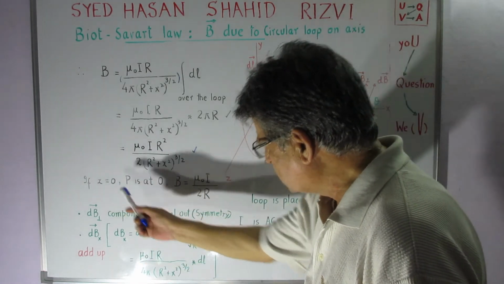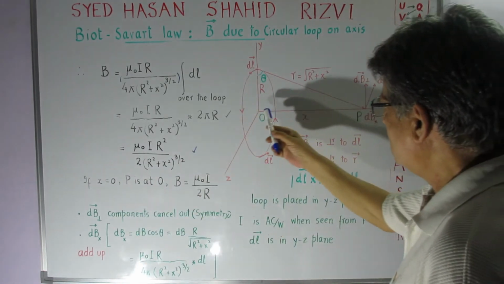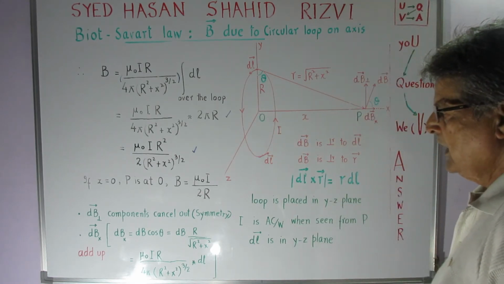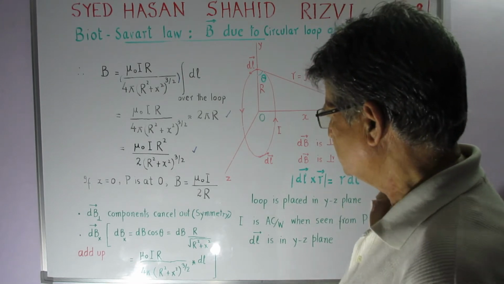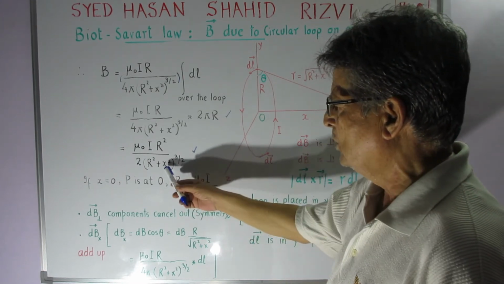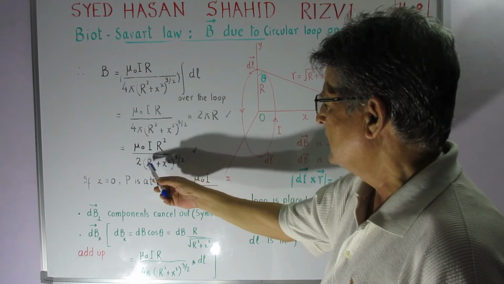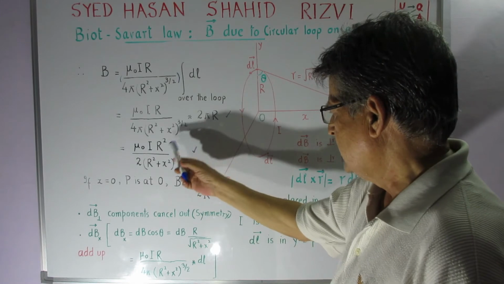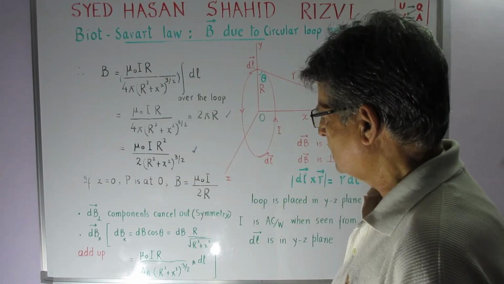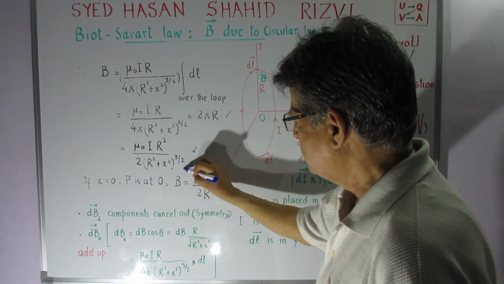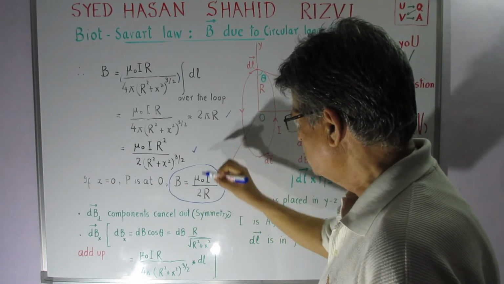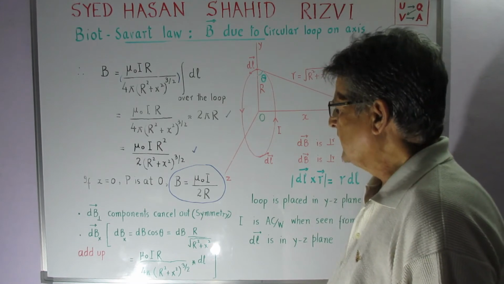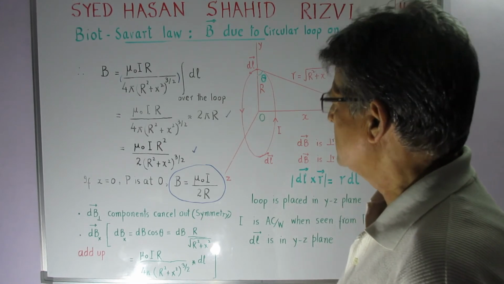If x is equal to 0, P shifts over here to the point O, at the center of the loop. And then at the center of the loop, if I substitute the value of x equal to 0, then here I get r cubed. So I get mu naught I, and r square will cancel with r square over here, so I am left with B is equal to mu naught I upon 2r. This is the relationship which we ought to remember.